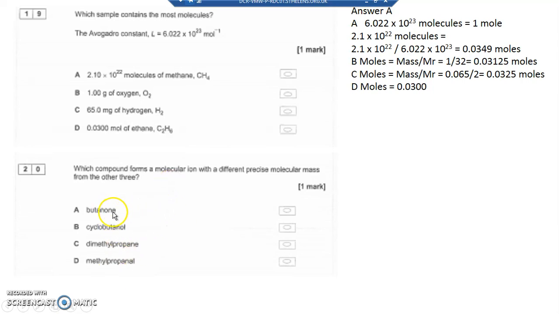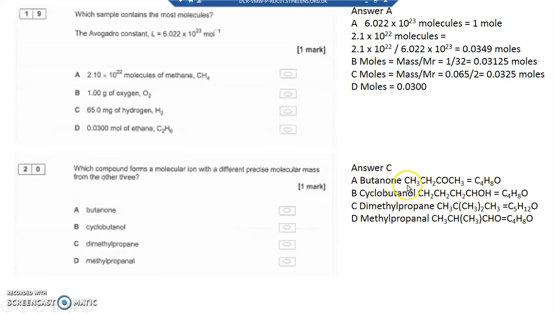So what you've got to do first of all is work out the MR. In other words, which one of these has got the largest MR? That's what the question's asking. Make these into plus charged molecules, put them into a mass spectrometer, measure the mass of the molecules, which one has got the highest MR. So if I work out the molecular formula of each of them, C4H8O, C4H8O, C5H12O and C4H8O, they've all got 4 carbons, 8 hydrogens and 1 oxygen, apart from C, that's got a different relative formula mass, a different molecular formula.